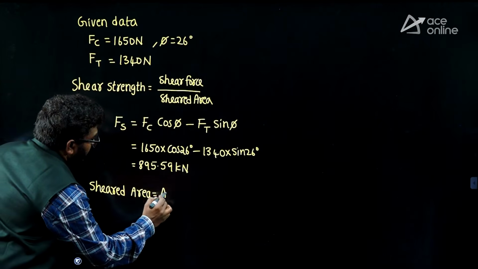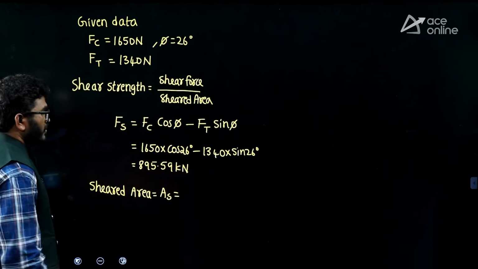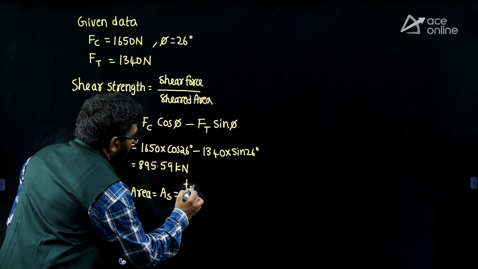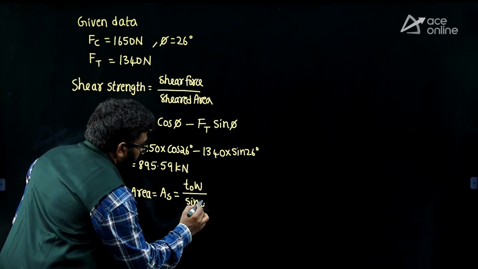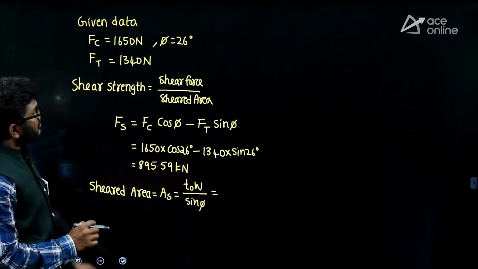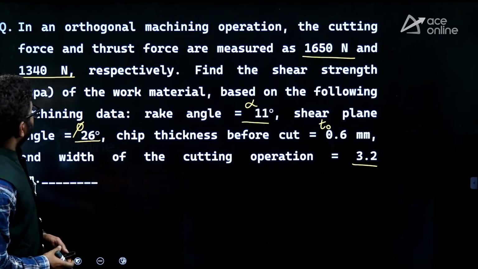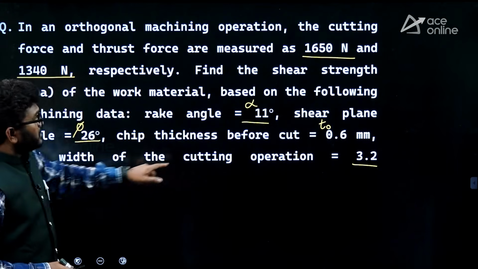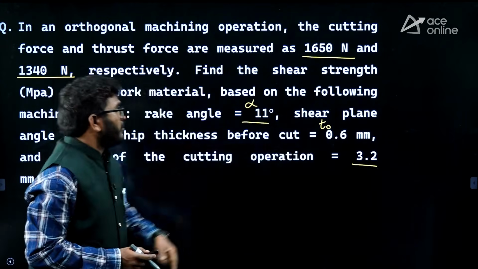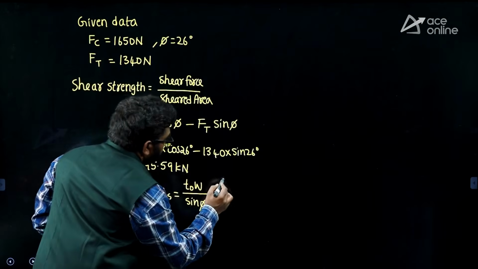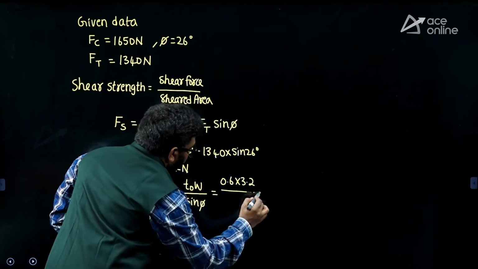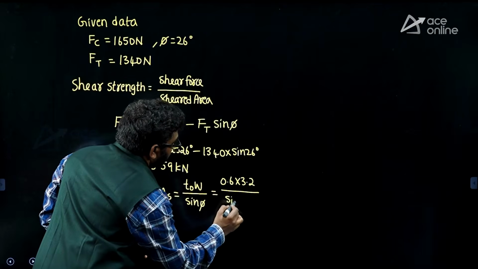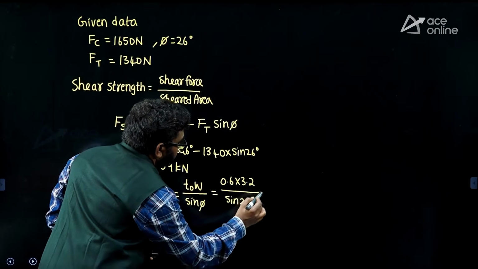So, sheared area A_S is equal to t naught into width w by sin phi. Now, the chip thickness before cutting is 0.6, width is 3.2, so 0.6 into 3.2 divided by sin 26 degrees.